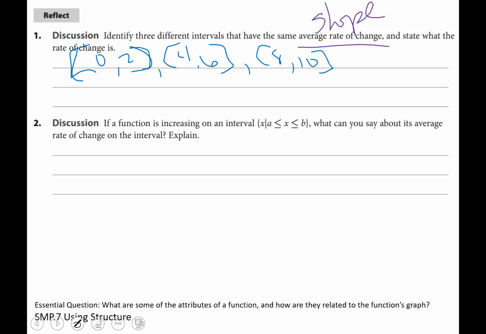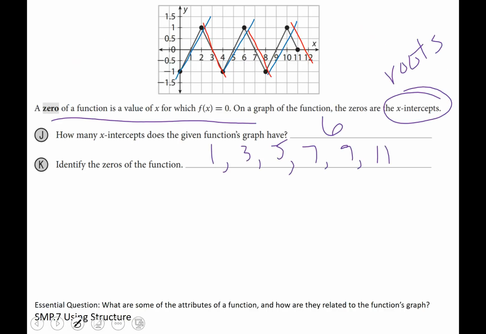Now, you have a choice of how you decide what the actual average rate of change is. We could count our slope triangle, okay? We also could go ahead and do our slope calculation, where we take our y values and subtract them and take our x values and subtract them. So I'm going to use the y values and the x values. I'm going to use these 2 points right here.